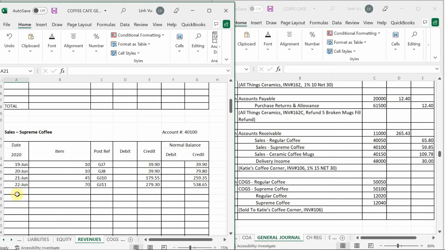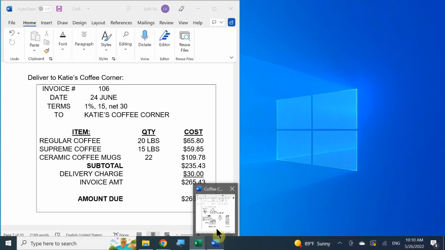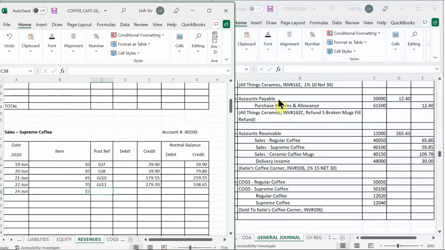Supreme Coffee, how many pounds did we sell to Katie? 15. Which gave us $59.85. Okay, bringing the account balance to $598.50. Okay. We got some ceramic coffee mugs.